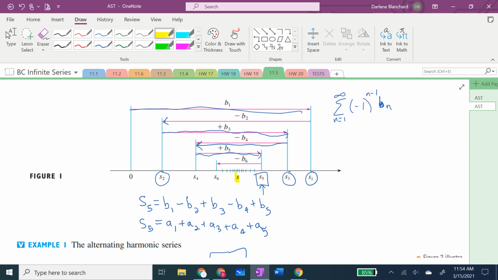Now, also very important to take a look at. If I'm sitting here at S sub 5, whoa, look at how far I am from my actual sum.